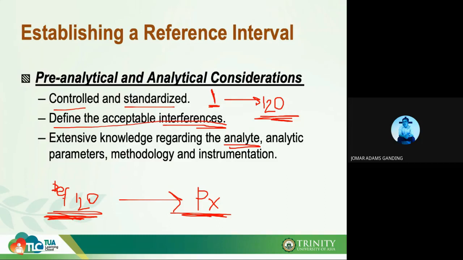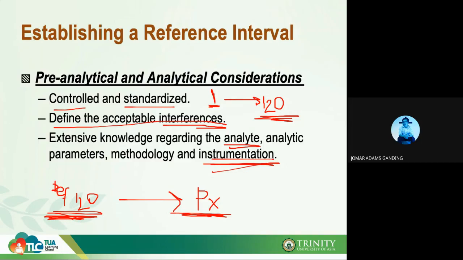You also need to know the analytical parameters, the different methods that would be used optimally to measure the sample, and also the instrumentation, the materials or apparatus that you will be using in the measurement of your glucose. This will be part of our discussion in the coming weeks.